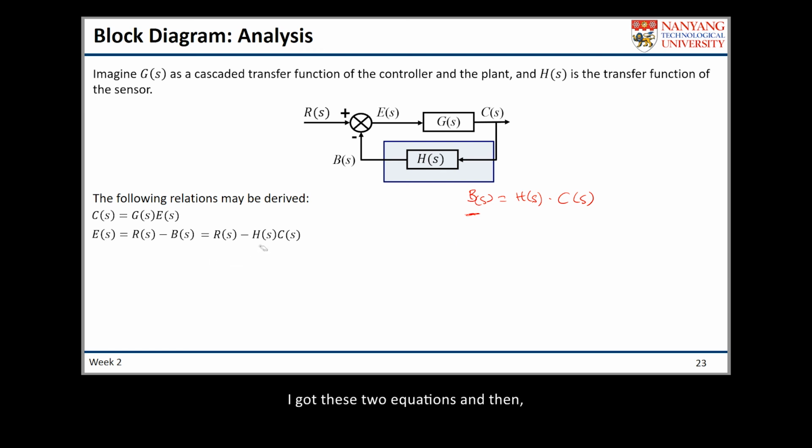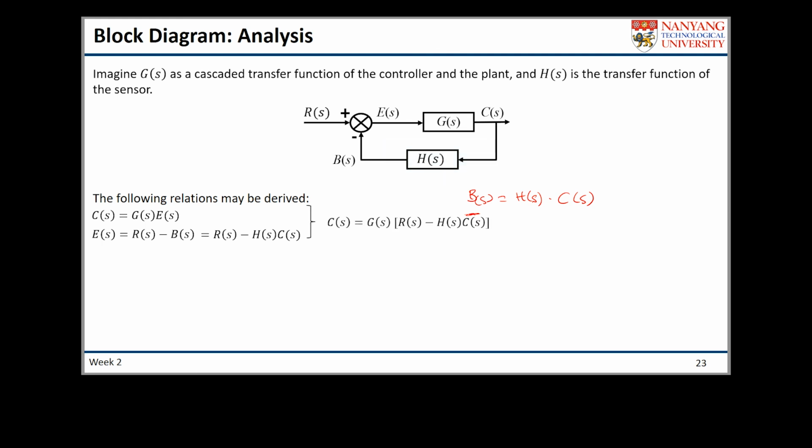Okay, I got these two equations, and then what next? I will simply substitute the second equation into the first equation, because I have E here, and I will end up with a new equation.